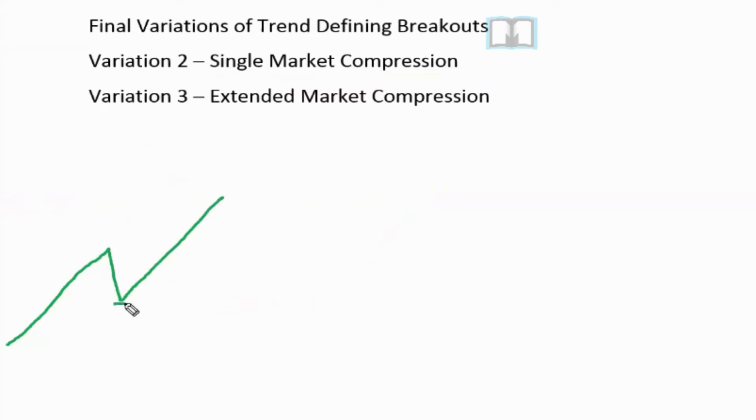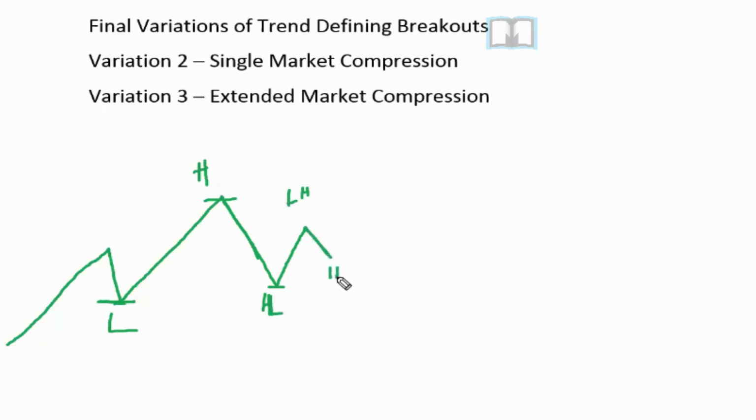So we have a low, we have a high, and then we have a higher low, and then we have a lower high. This continues now.